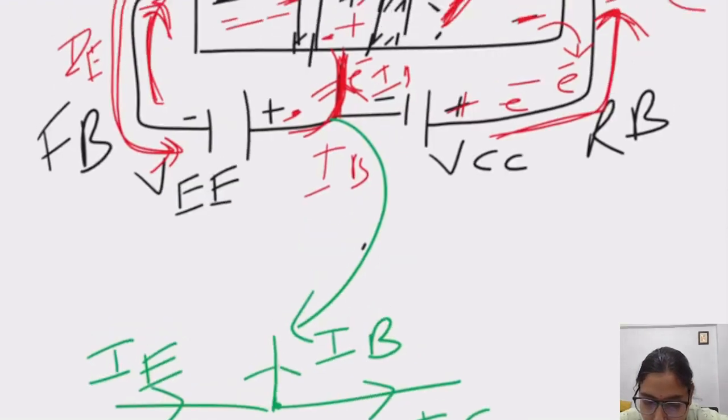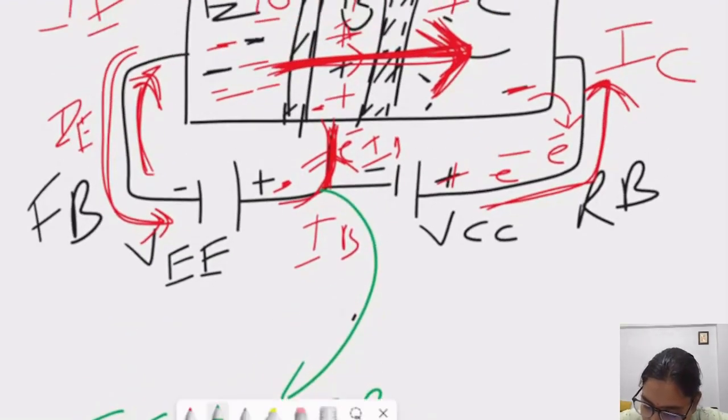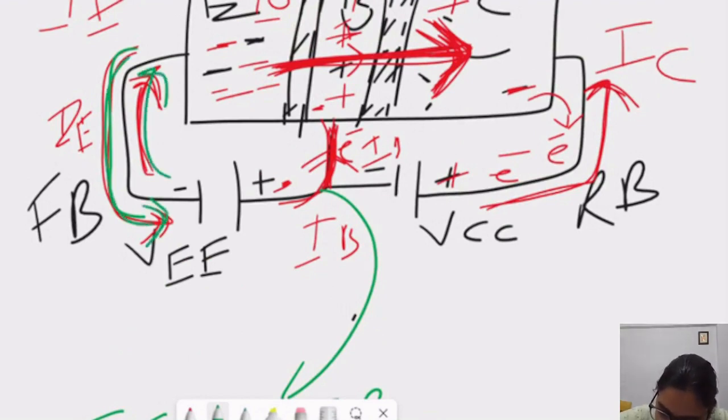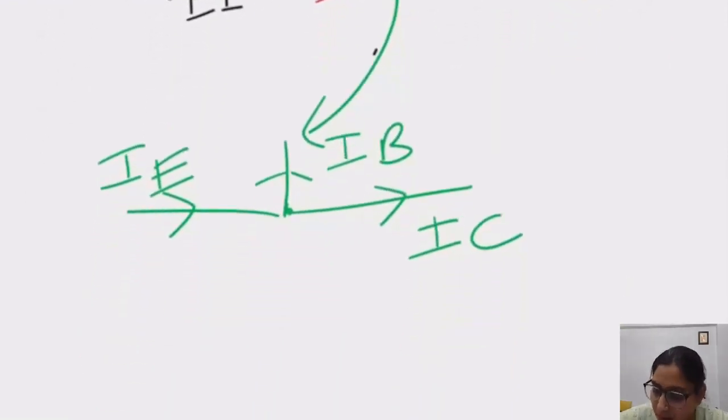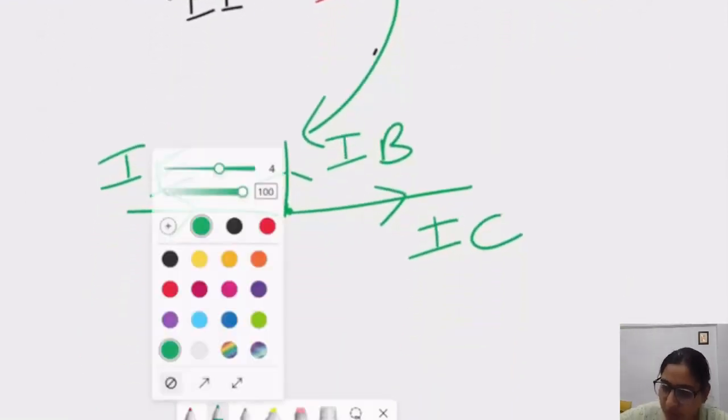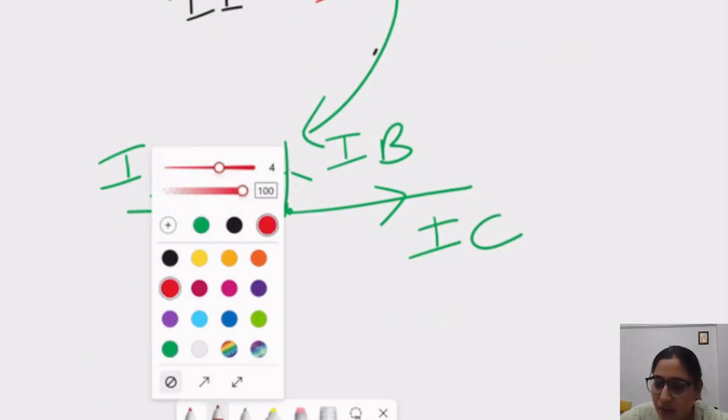So, clear? This is our emitter current, this is the flow of electrons, so our current will flow opposite to the electron flow, so this is IE in the opposite direction. Electrons flow this side, so the opposite direction is this, base current is this, electrons flow this side, and collector current similarly flows in this direction. So this is our basic understanding of how these 3 currents are traveling inside the transistor.